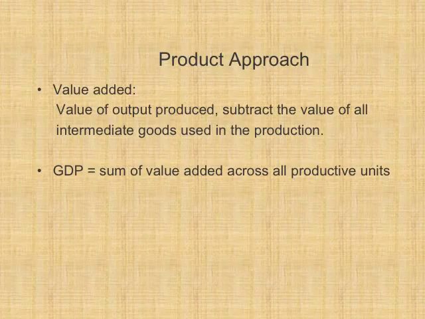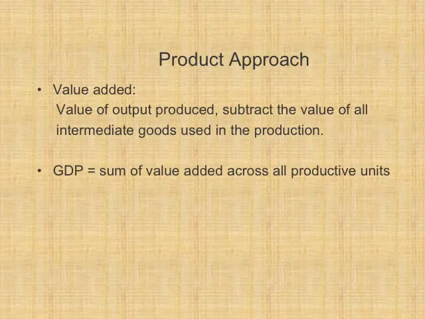When the Australian Bureau of Statistics, or in short ABS, calculates the nation's GDP every 3 months, it uses 3 approaches to calculate the value of national output. The first measure is the gross domestic product production approach.